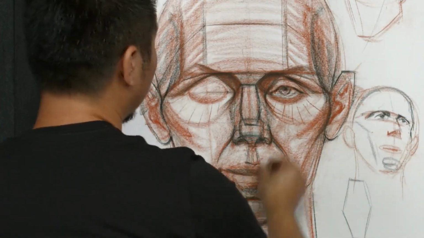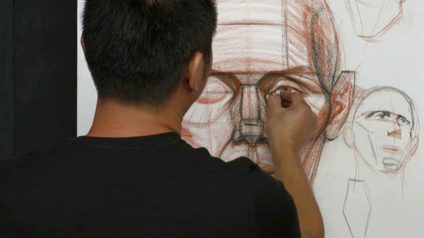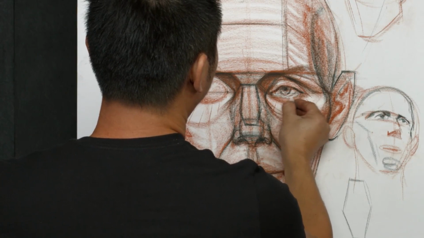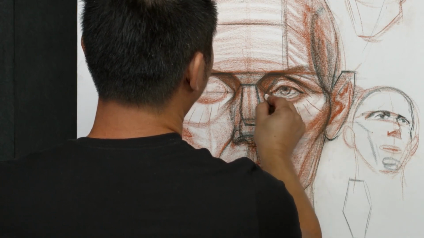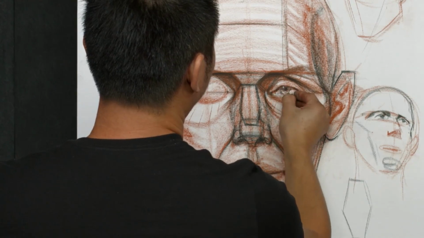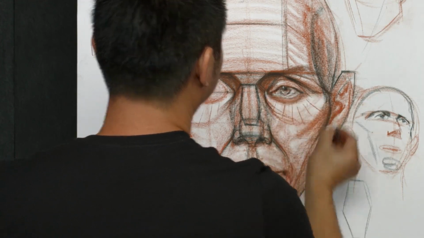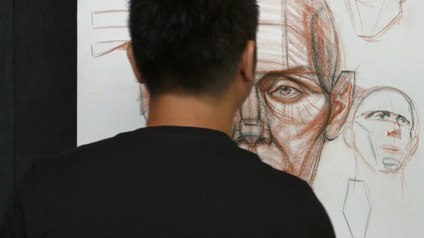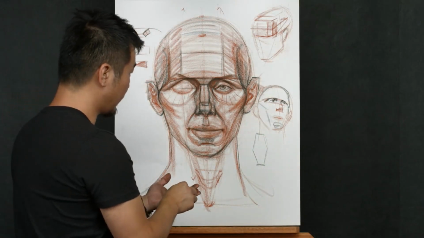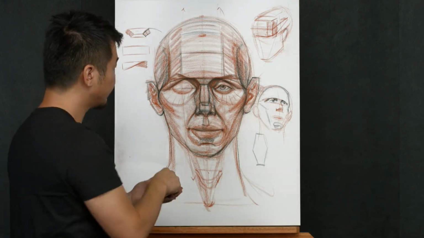My white charcoal. So one thing, like I said, I don't want to get into much rendering. One thing you have to keep in mind is that the lower eyelid sits on the face. Right? The lower eyelid sits on the face, the upper eyelid wraps over the eyeball.